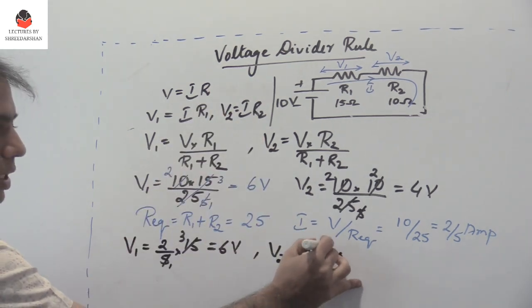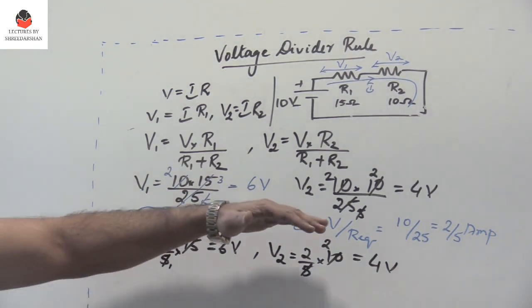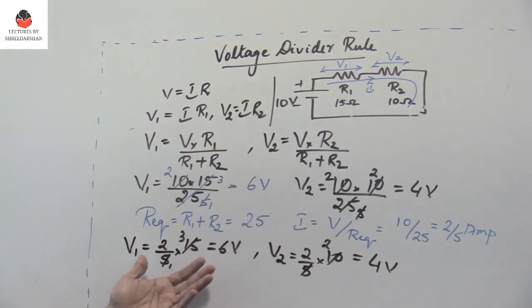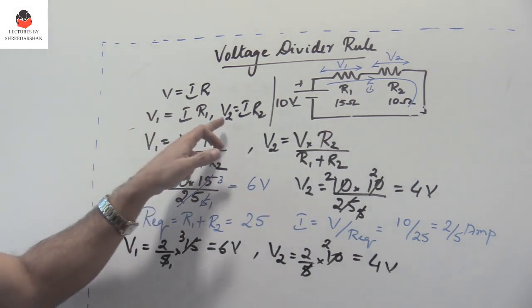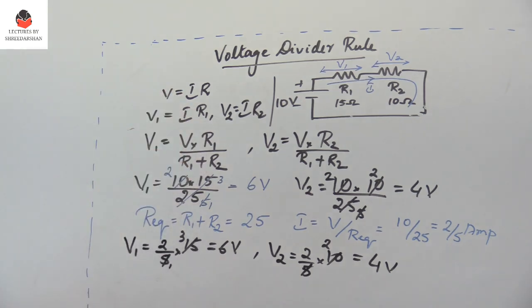So 5 1s are 5, 5 2s are 10, 2 into 2 is 4 volts. So we have verified that the values of V1 and V2 calculated using the voltage divider rule are the same as obtained when we calculate V1 and V2 using the total current into the respective resistors.